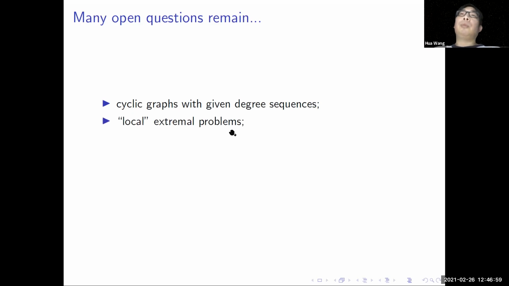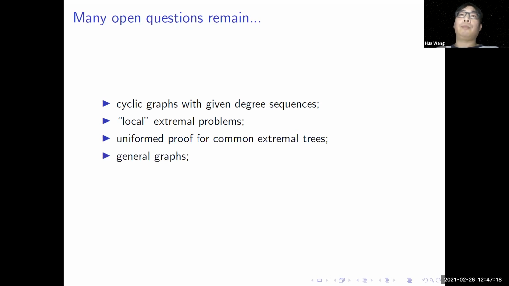And then the extremal problems dealing with local versions of graph invariants, like I introduced earlier, are much more difficult as well. And also, it's always useful to find uniform proof or statement for extremal results. For general graphs, there is quite some work done, but none as specific as in trees, because of how difficult they are.